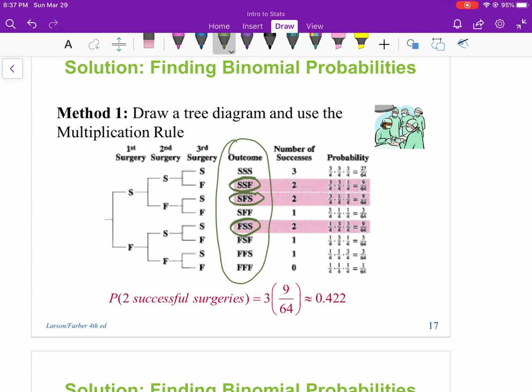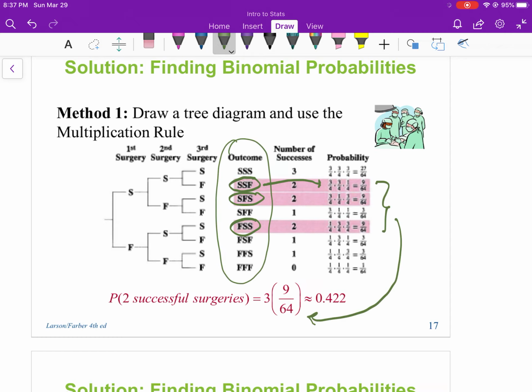And in order to get that particular probability, you would multiply the 3 out of 4 for success, 3 out of 4 for success, and 1 out of 4 for the failure. So that's 9 over 64. Remember, it's 75% chance of success. So each S is 75%, each F is 25%. They have that showing up 3 times, so they multiplied it by 3. That's a lot of work.